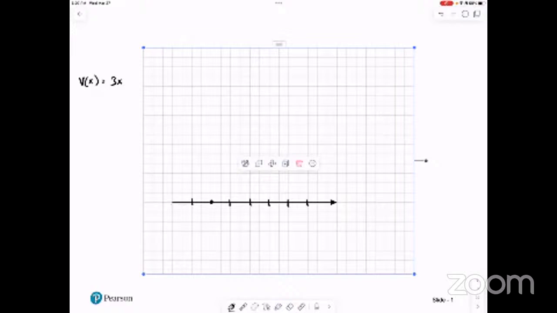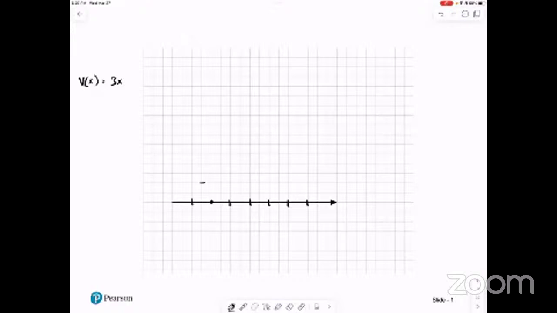And for the positive y, I'm thinking maybe get up to like 15 or 20. Let me see. Can we go 2, 4, 6, 8, 10, 12, 14? Then we're going to work with that.